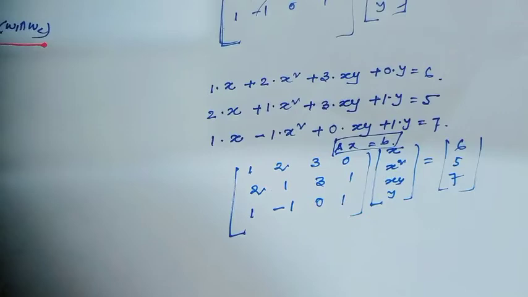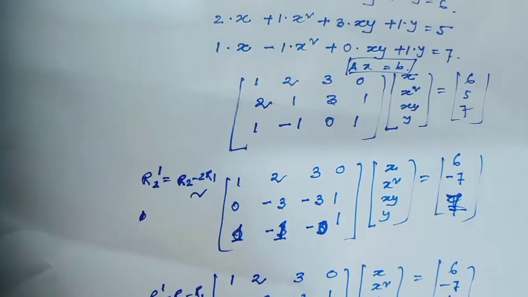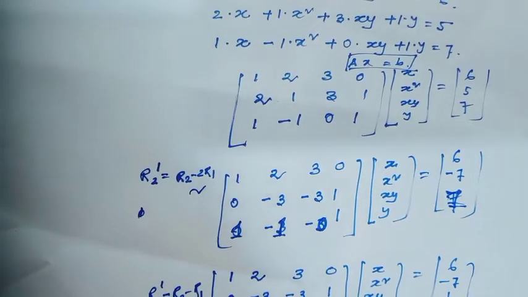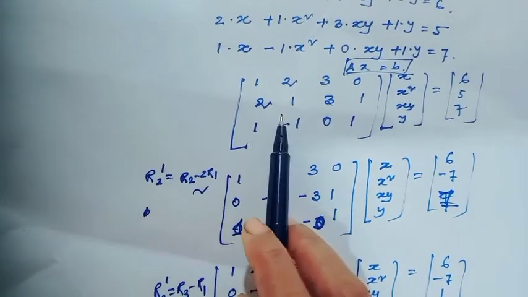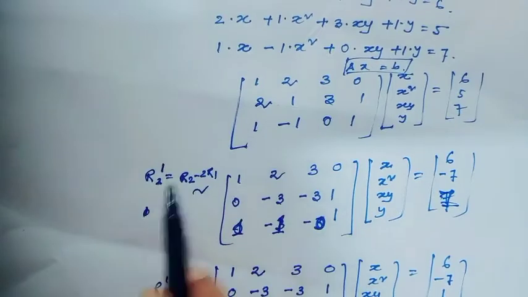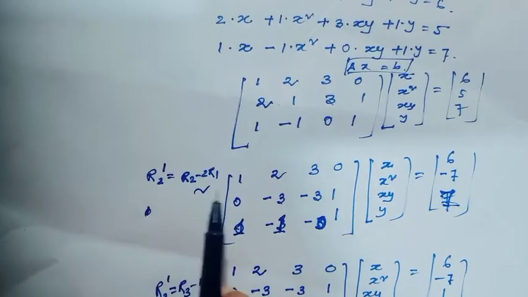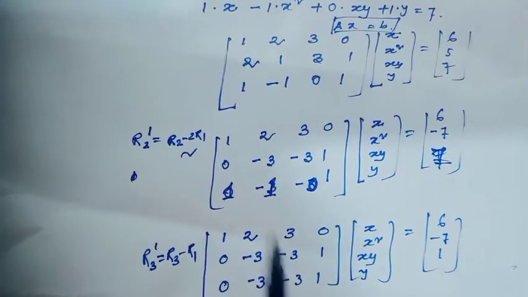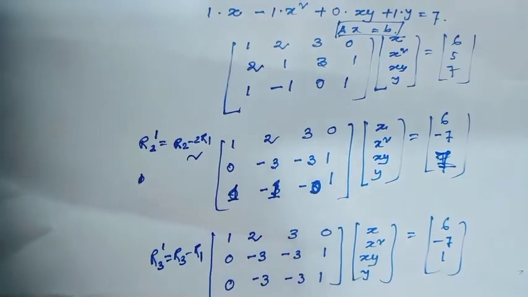For this, all of us know, if the rank of the matrix is equal to the rank of the augmented matrix, then obviously there exists a solution. At first, reduce to row equivalent form, then R2 dash equal to R2 minus 2 R1, and after row reducing, this row would be 0, minus 3, 1.